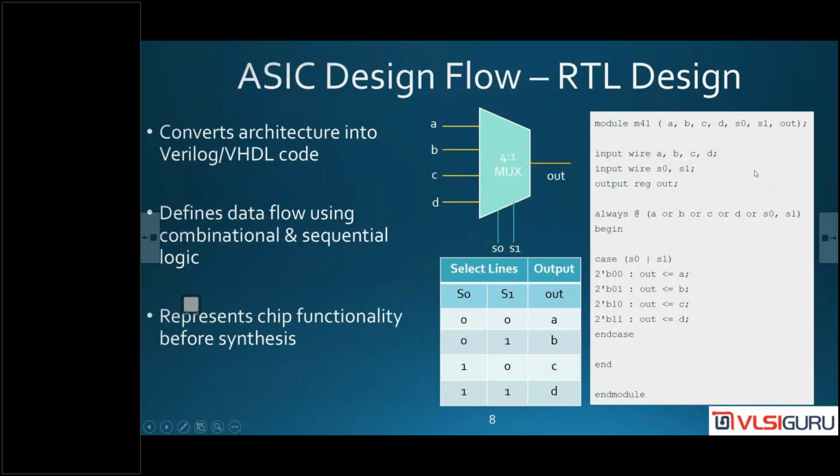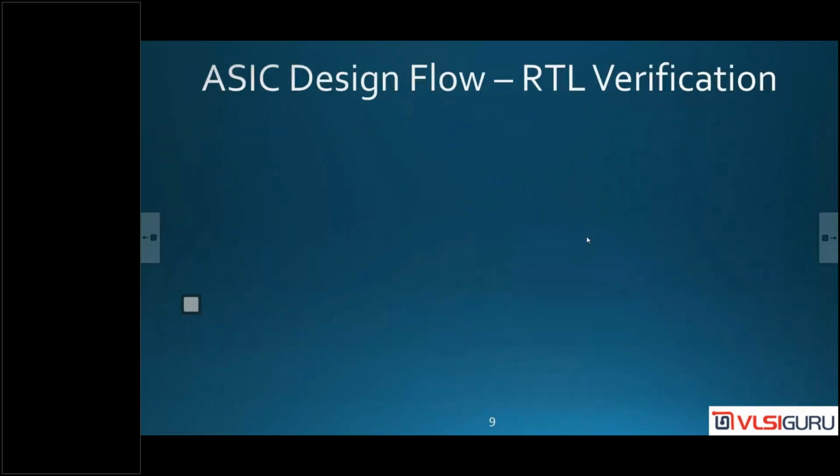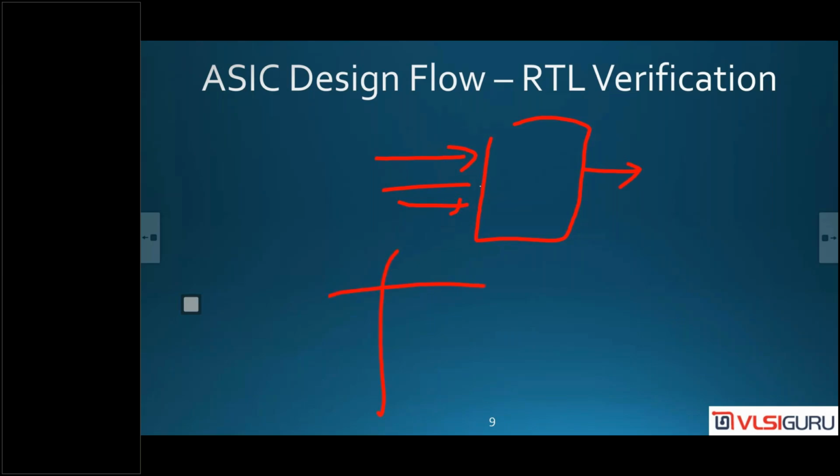How do you verify? For your RTL code, you apply the inputs and check what the output is. In the same example, you have I0, I1, select line S, and output Y. If I apply this combination of inputs, what is the output?